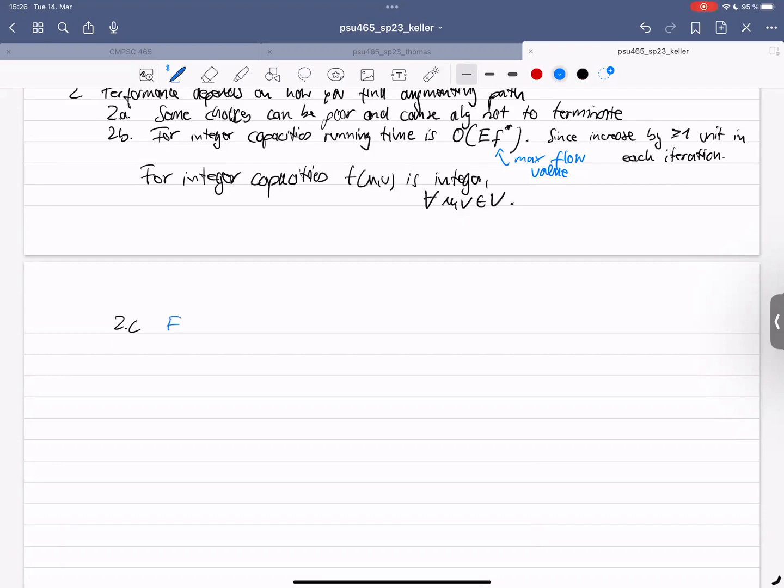So this is the famous Edmonds-Karp algorithm. This algorithm, again, is just Ford-Fulkerson, FF, plus BFS for finding the augmenting path.